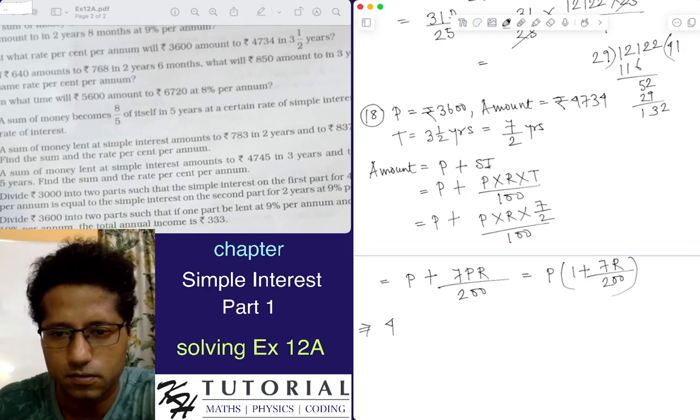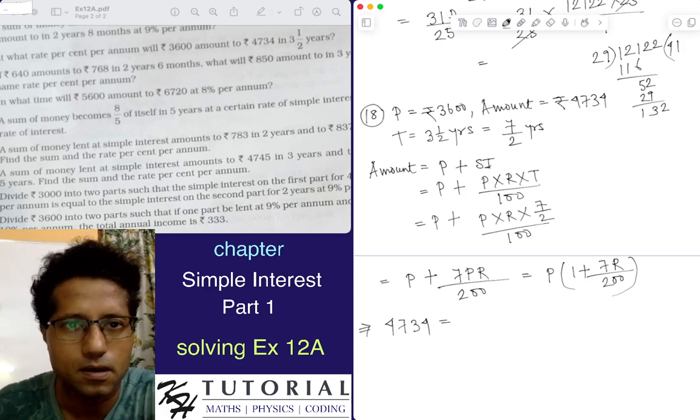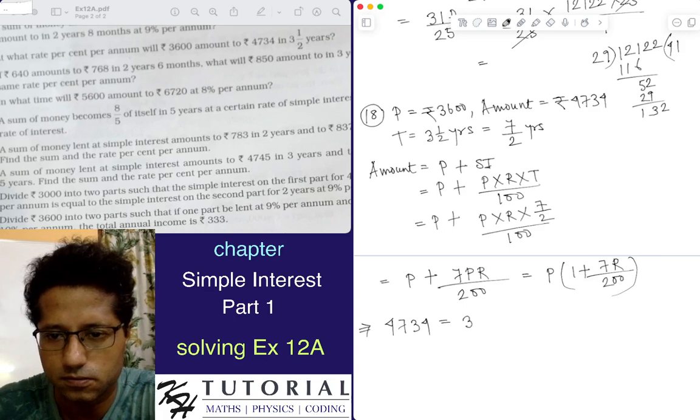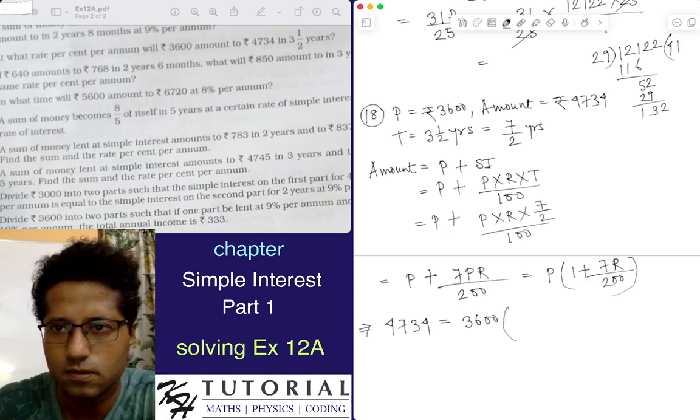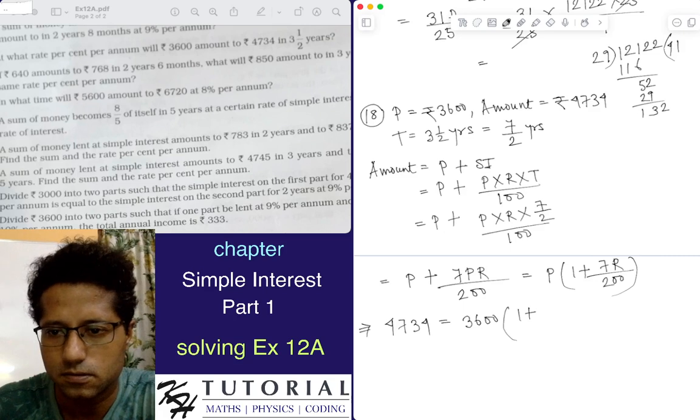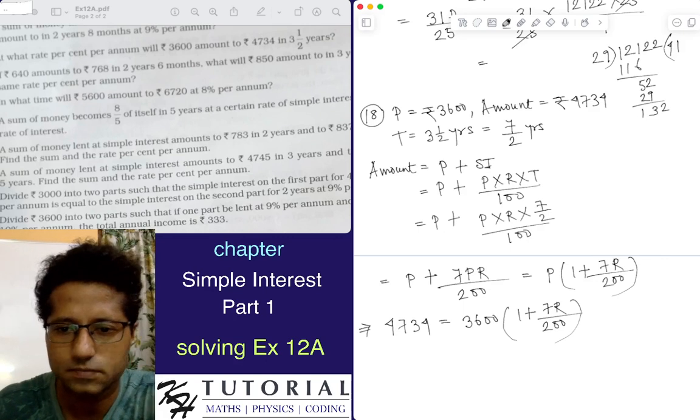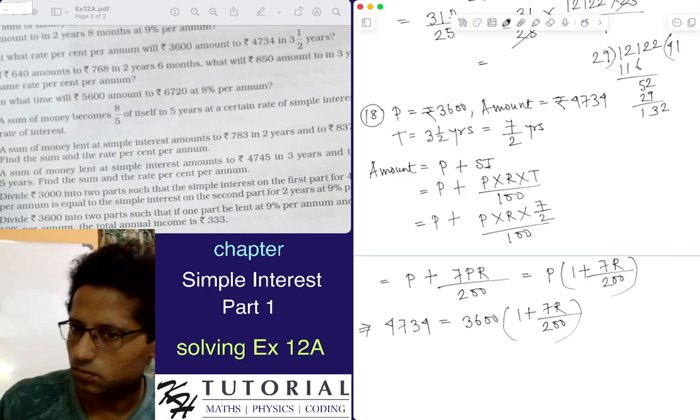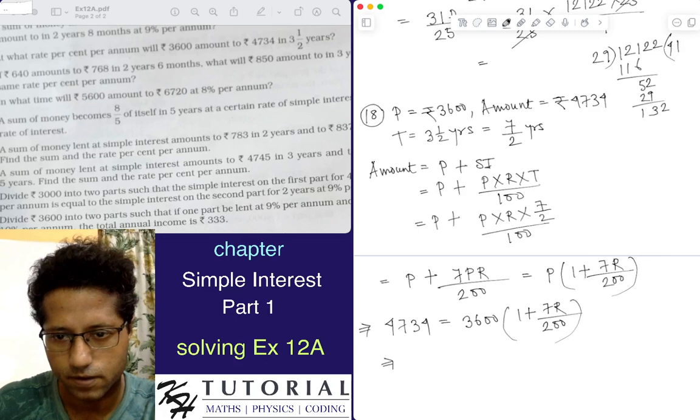So we can say 4734 equals P, which is given to be 3600, into 1 plus 7R divided by 200. Now this implies 1 plus 7R by 200 will be equal to 4734 divided by 3600.